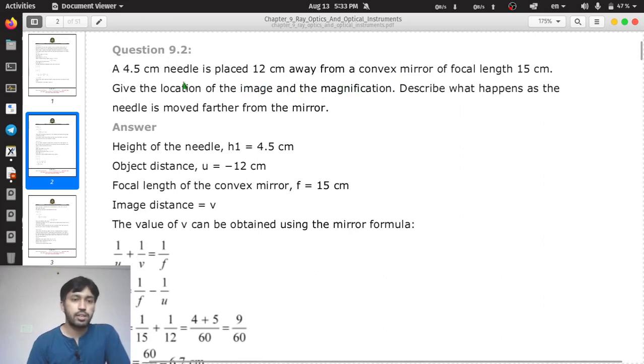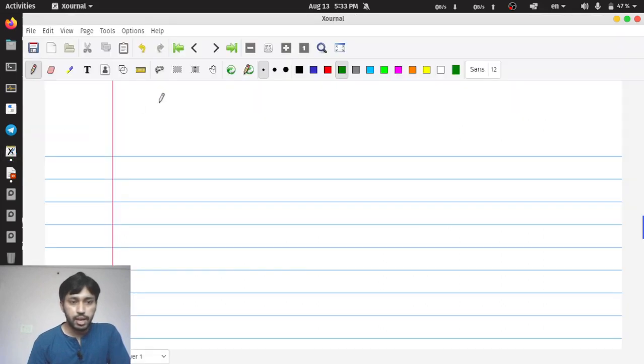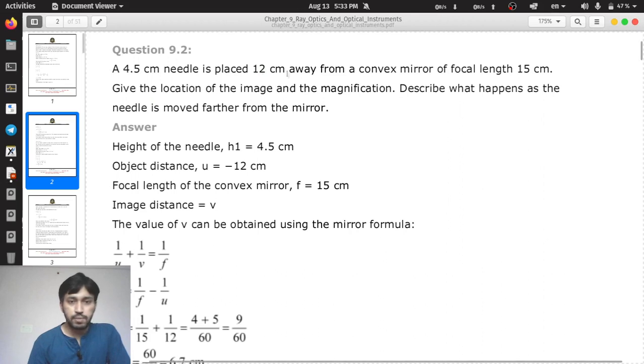So let's do it. First of all, what quantities are given? First write down those. The object height is given, and the focal length is given.